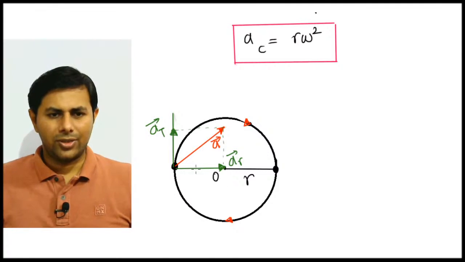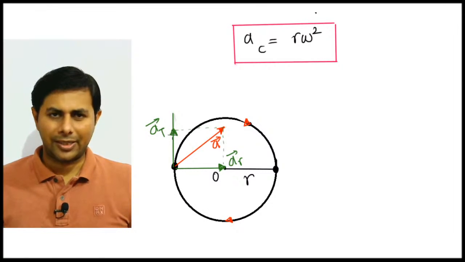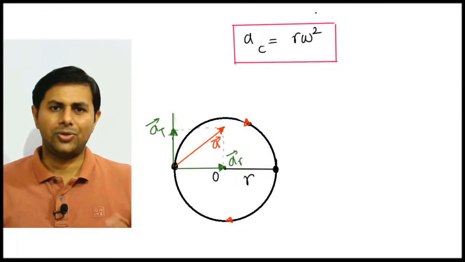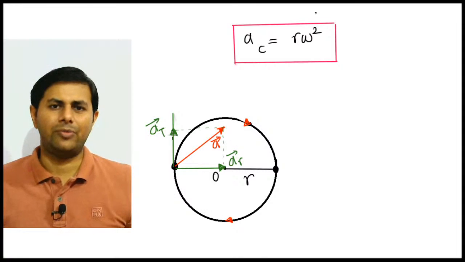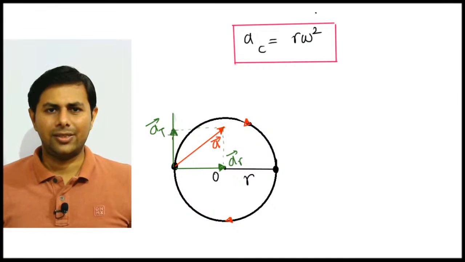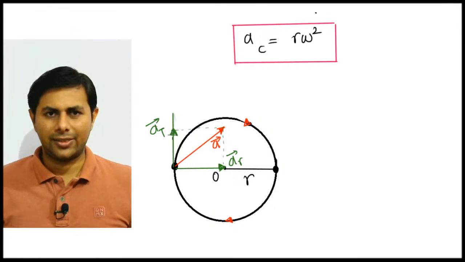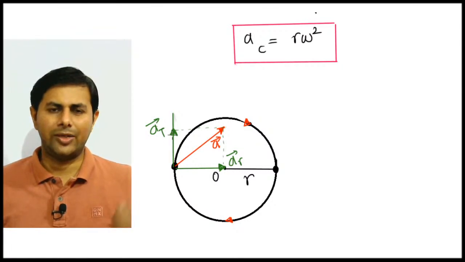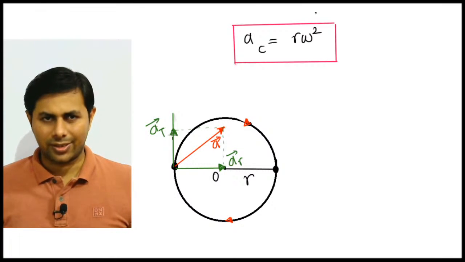So then what about this other component? This component changes the magnitude of velocity, and it is only present in non-uniform circular motion, because if the magnitude of velocity changes, that means speed changes, and then the circular motion will be non-uniform. Uniform circular motion is when the magnitude of velocity remains constant.